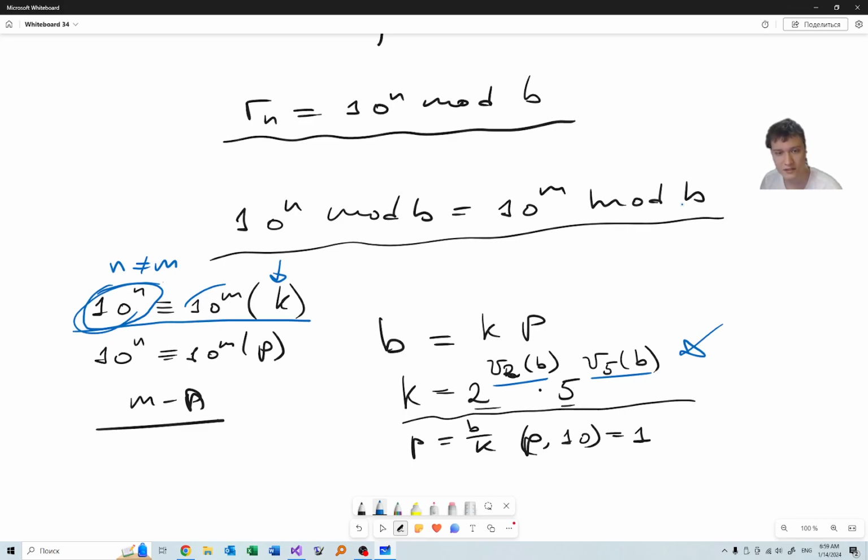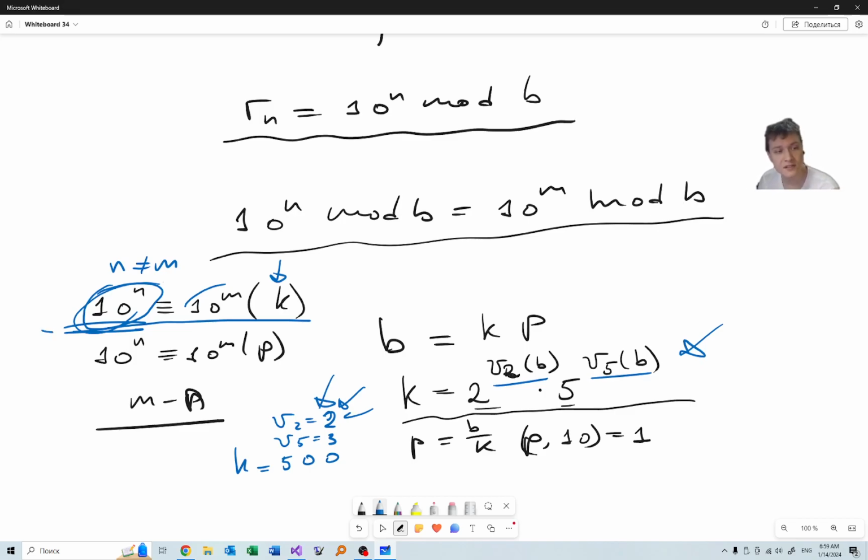If you have, for example, k equals 500, so v2 equals 2 and v5 equals 3, then if you have at least 2 2's and at least 3 5's, this residue will be 0. But if at least one of them is less than the corresponding power, then you will get a non-zero residue, and all these residues will be different.